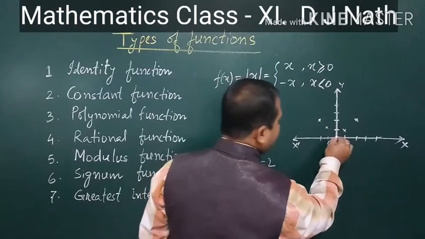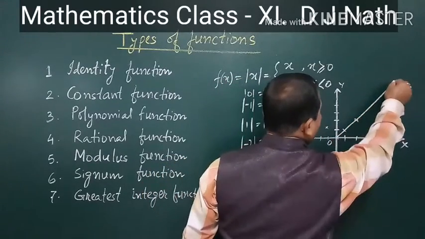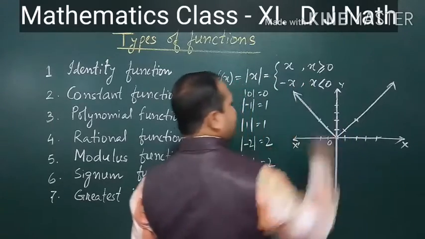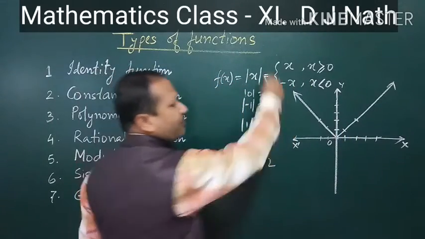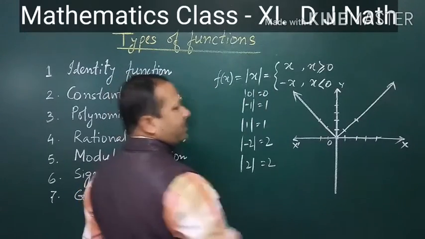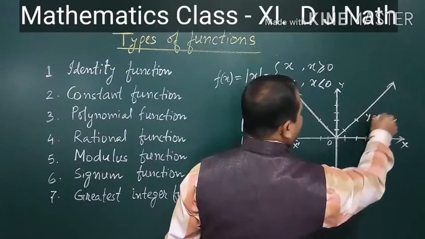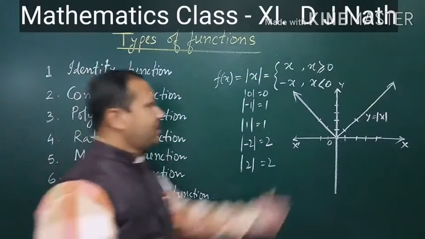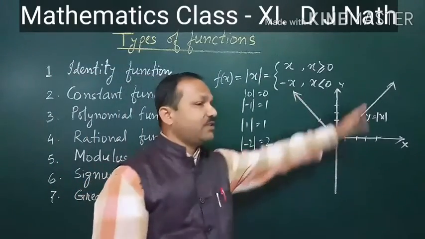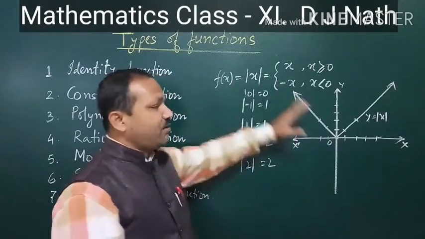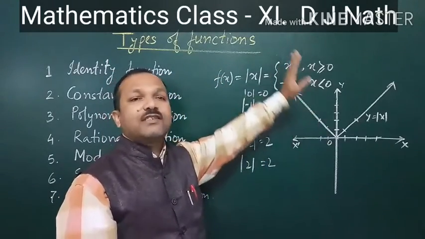So how is the graph? It will go that way and it will go this way also. The graph will be this way and that way, both. Okay, so this is y is equal to modulus of x. This is the graph of the modulus function. It will not go on the negative side because f of x, or y, is always positive.